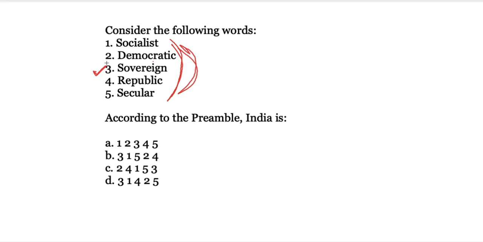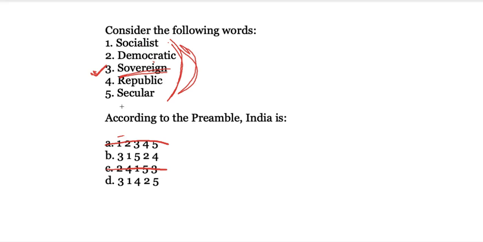You remember our freedom struggle. We wanted to become a sovereign nation. After we became a sovereign nation, we decided whether we should be socialist, democratic, republic, secular. So even if you don't know, you can figure out that it should be sovereign. So first it will come, three. So option 1 and option 3.